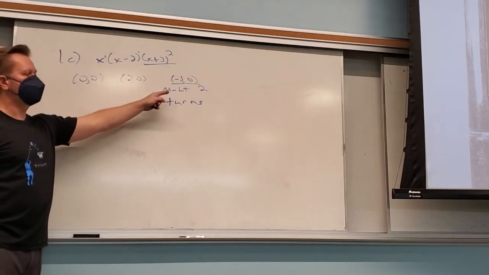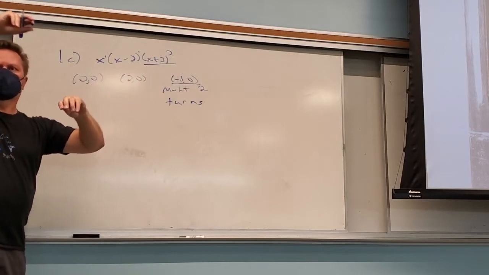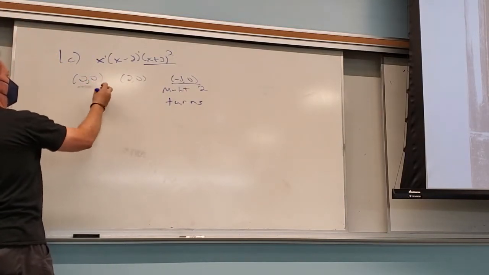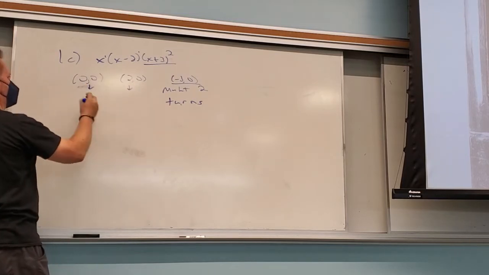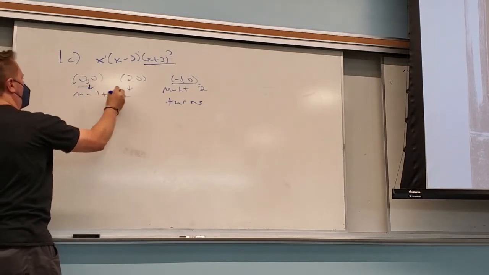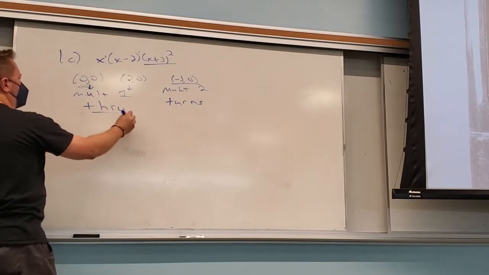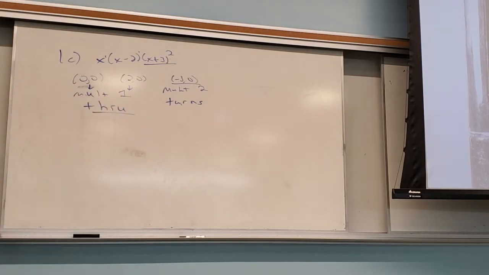So if it's even, it turns like a parabola. These guys are odd multiplicity. So what's it going to do in each of them? It's going to go through. You can even spell it correctly if you want to, but I don't have time for that. Ain't nobody got time for that.